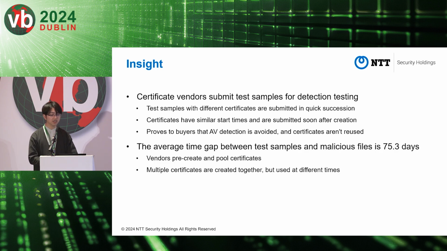Next, the average time between the submission of a test sample and the MSIX file was 75.3 days. The length of the blue bars in the figure represents this time difference. As you can see, the time between creation and actual abuse varies from certificate to certificate.